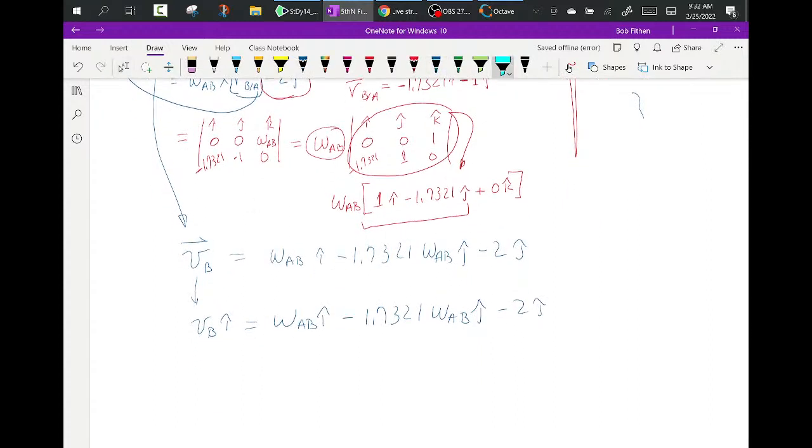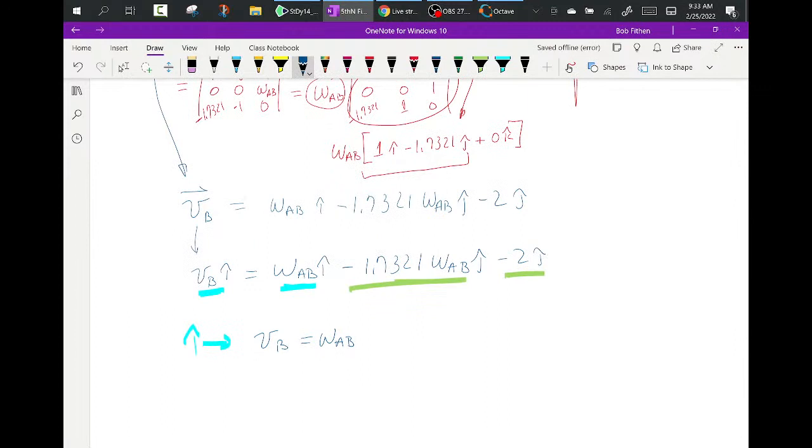Now, how do I solve this? Take my I components, take my J components. So my I components are going to be velocity of B, oops, that's the scalar, is equal to omega AB.